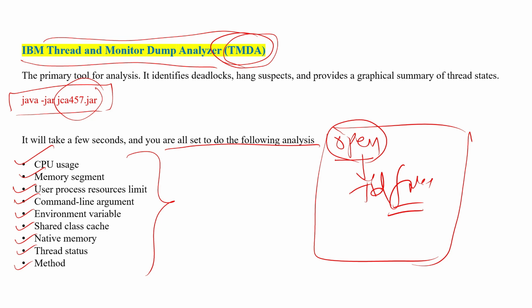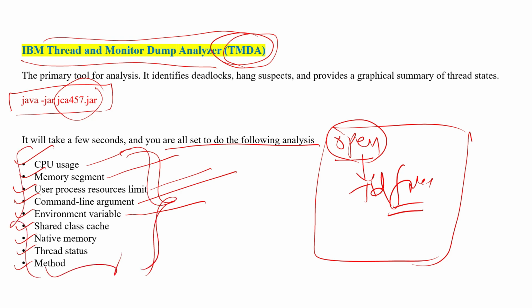Whenever we start our JVM or servers, there are multiple commands and arguments that we pass, multiple environment variables, multiple process resource limits, memory segmentation utilized by your JVM, and certain CPU used for the execution of requests. So there are multiple things inside your JVM at that particular moment.